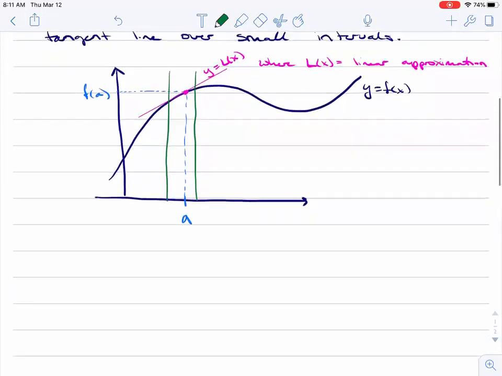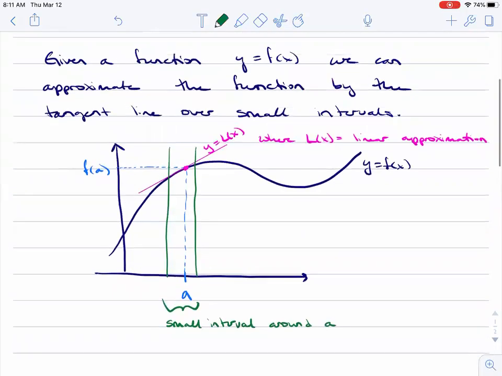And so here, I'll just say that this is a small interval around a. So we're not going to define what this small interval is. We're going to move just a little bit off of a, and we'll still be able to approximate what this function is at those points.